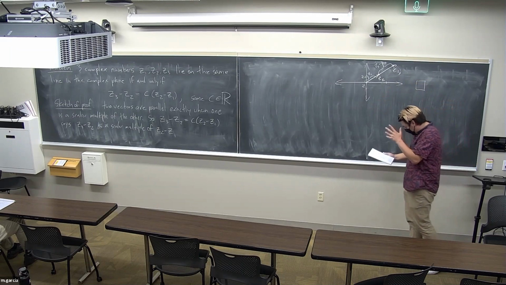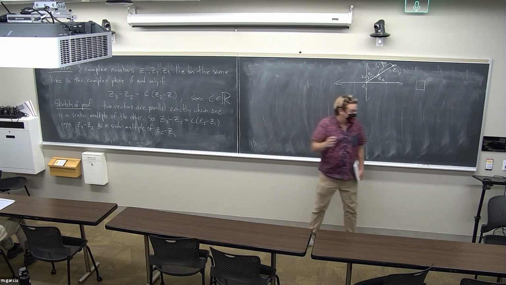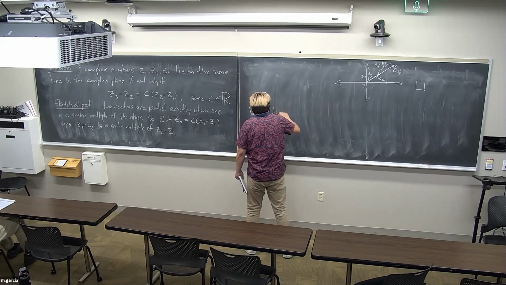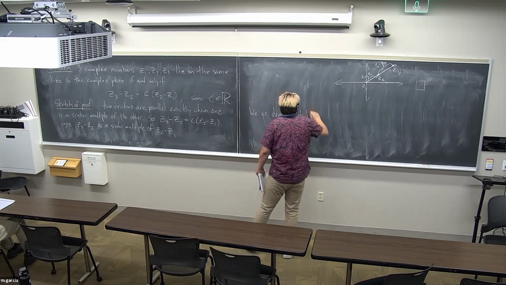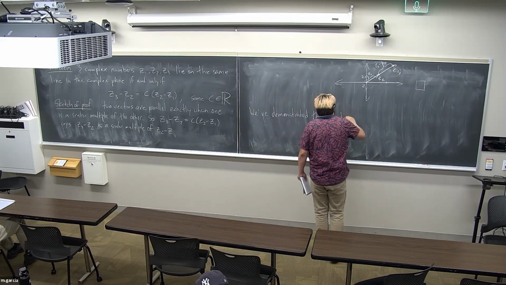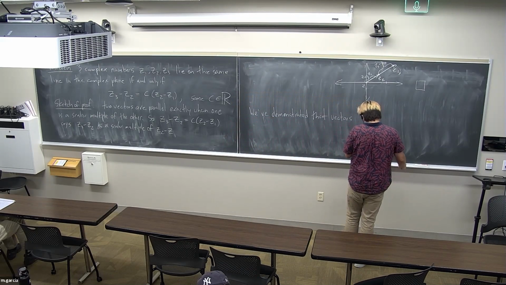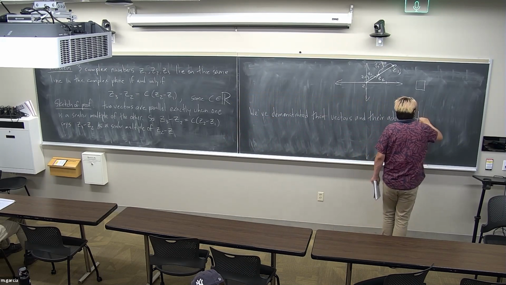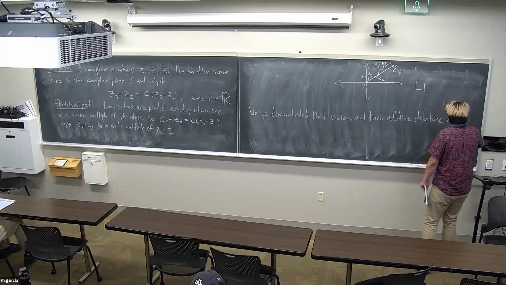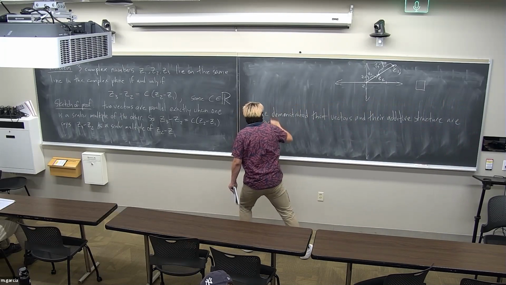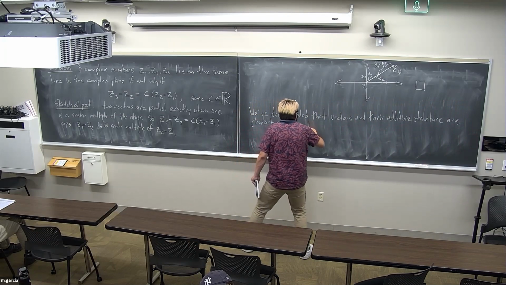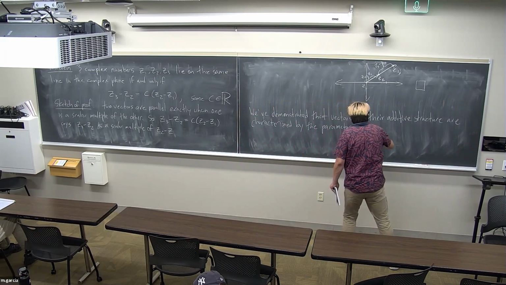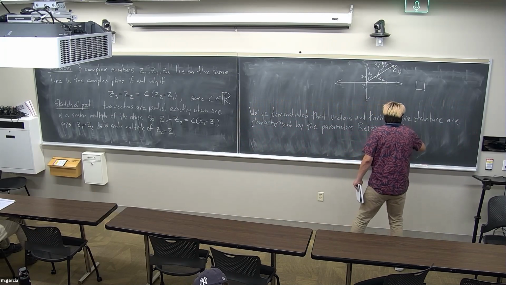So let me say what we've done in yet another way. We've demonstrated that vectors and their additive structure are characterized by the parameters, the real part of z and the imaginary part of z.